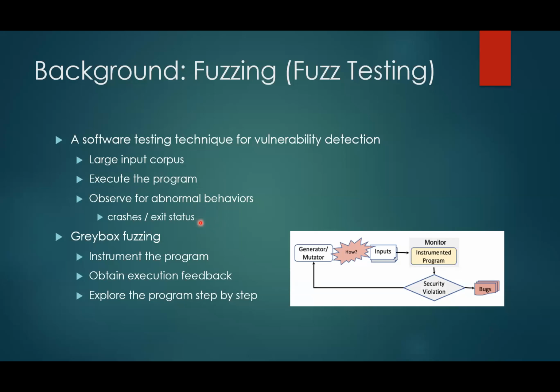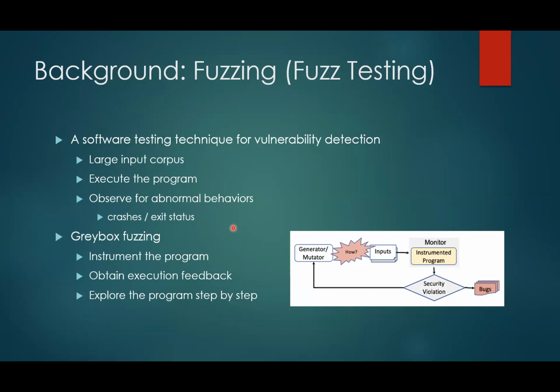This is the basic idea of fuzzing. But if we just do this very simple fuzzing, it's not very effective, because every time we run the program we just use a randomly generated input, and after the program exits we just observe the crash or the exit code. We are not getting any execution information of this program.